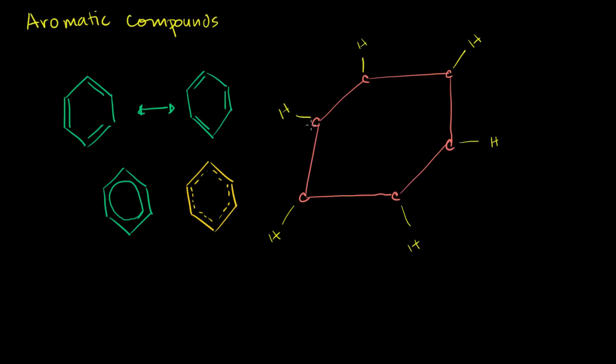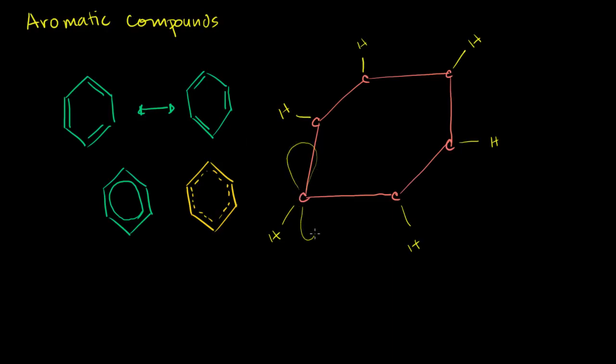So if we talk about hybridization, we have 3 hybridized orbitals. This is sp2 hybridization. And each of these has a leftover pi orbital that has not been hybridized. It does not have a sigma bond to another atom. So you have these pi orbitals, and these pi orbitals look like dumbbells.